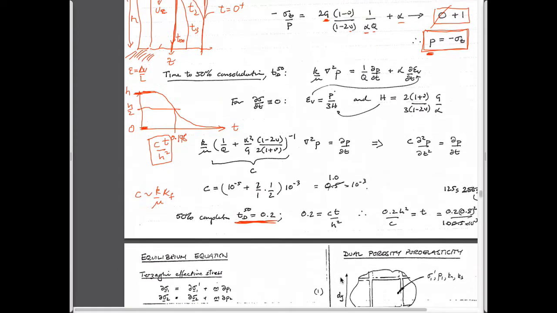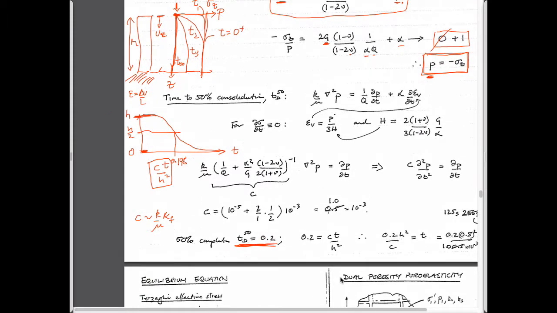And I suppose ultimately that the final deformations of this thing are given by this final magnitude here. So yeah, so we know three things about this system. We know that the initial pore pressure should be equal to the stress that we apply to it. That's one, for the conditions that we choose. We know that the time it takes to get to 50% displacement is going to be given by this number here.